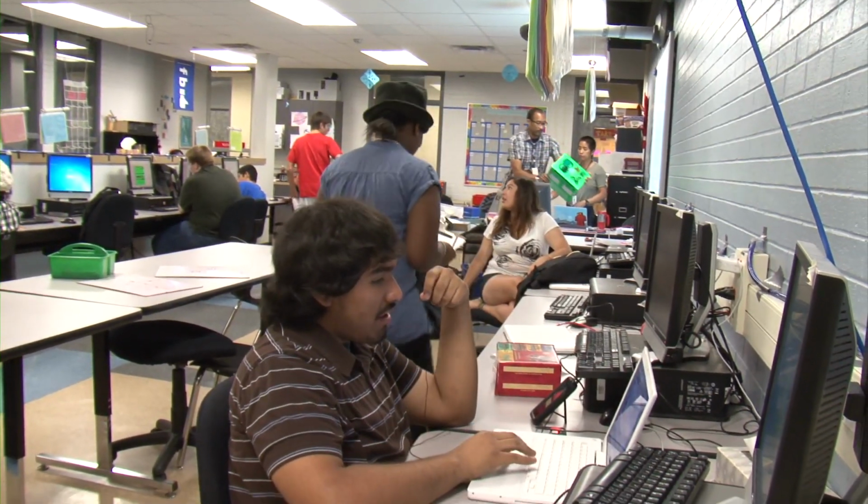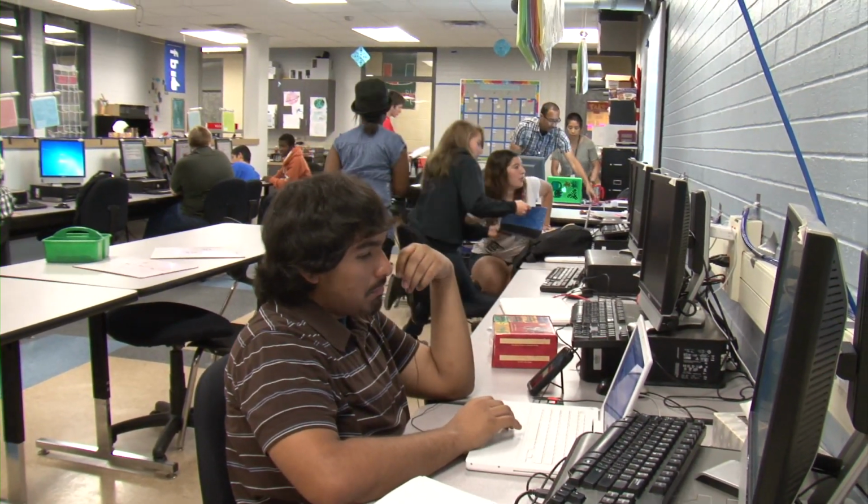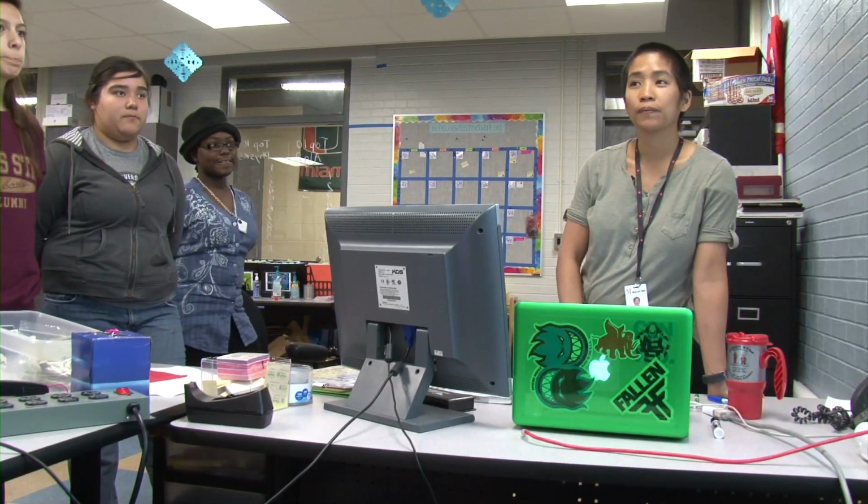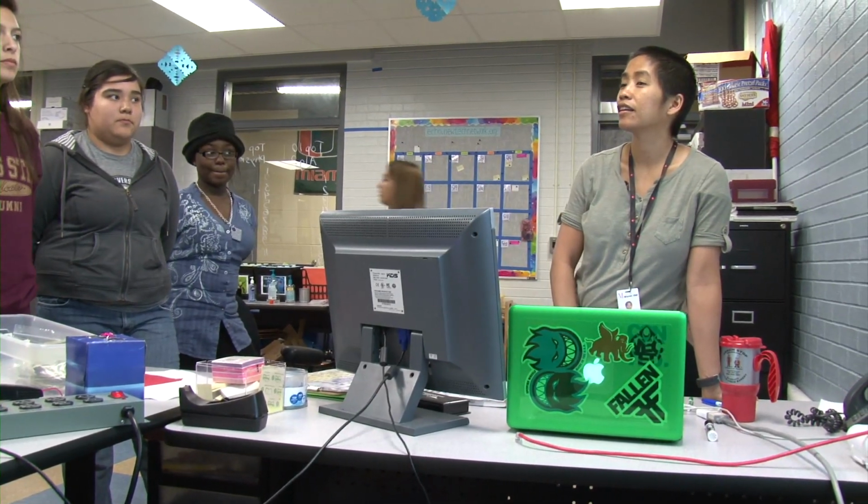Okay, team, send someone up. We're going to talk about the rubric in general right now. In this section of the rubric, you're adding planet orbits to your Geometer Sketchpad file. You're going to have one planet that's completely in the habitable zone, one that's partially in, partially out, and one that's fully out. So 3 planets, 3 of our same planet but different locations.